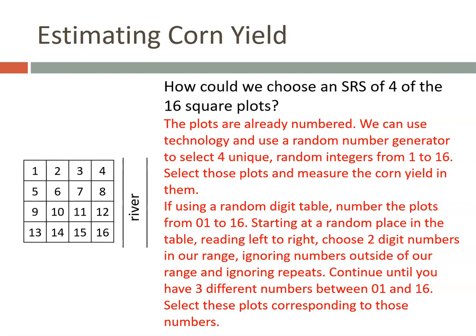You're going to continue until you have 3 different numbers between 01 and 16. That's a misprint. You should have 4. So you have 4 different numbers between 01 and 16, and then you would select the plots that correspond to those numbers. Students always forget this last part, where okay, you pick the numbers, but now what? Well, you look at the plots that have those numbers, and then you sample from them.